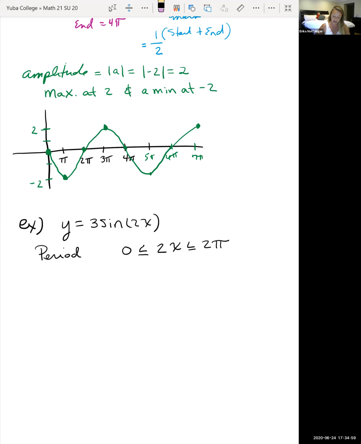So to get x by itself in this compound inequality, we would divide through everything by 2. Well, 0 divided by 2 is 0, less than or equal to x, less than or equal to pi. So here we have our period is pi.